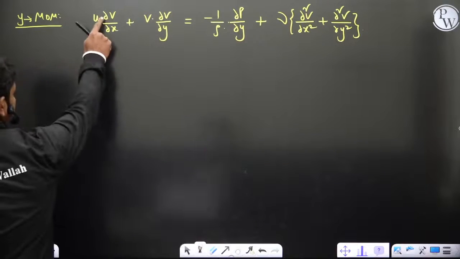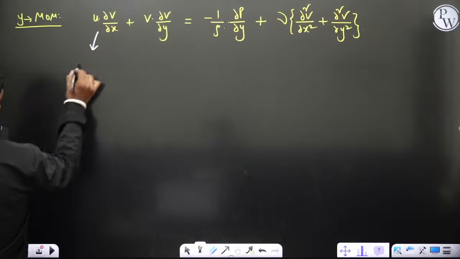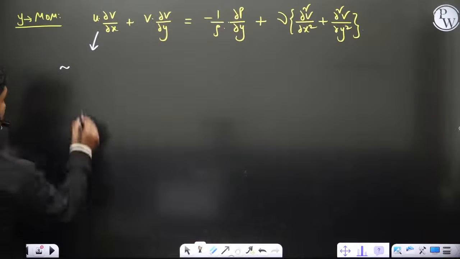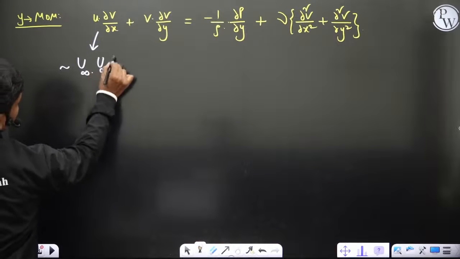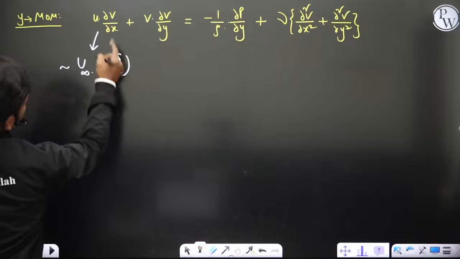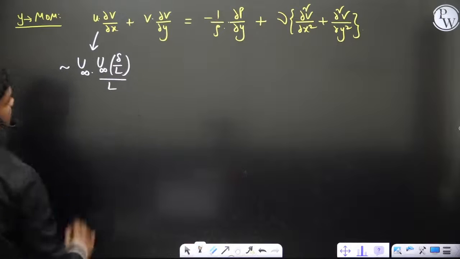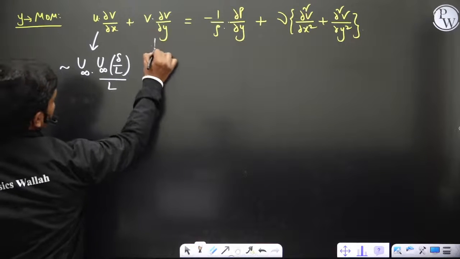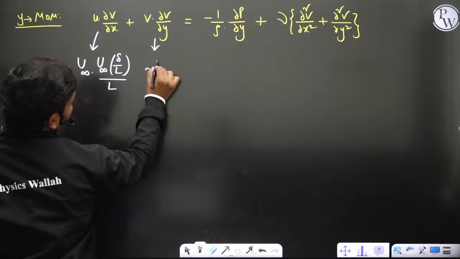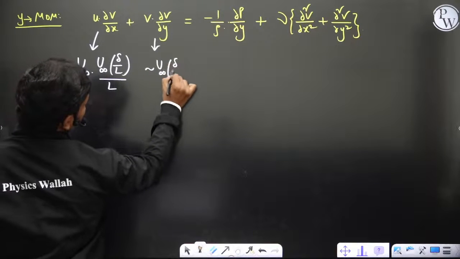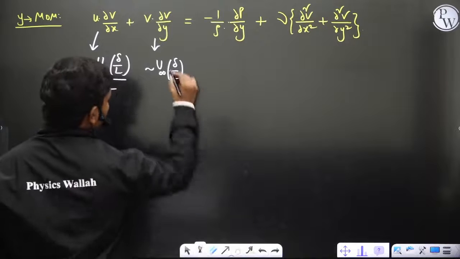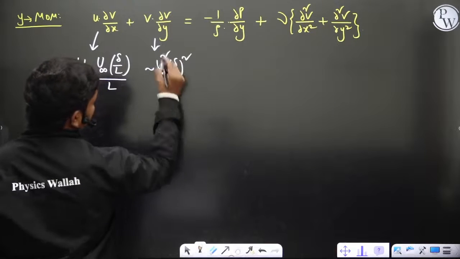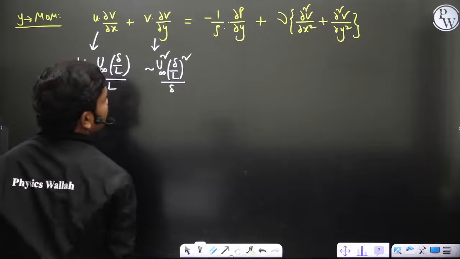Now, if you see the magnitudes, u will be of order u infinity, v will be of order u infinity delta by L, x will be of order L, correct? This term, if you scale, v will be of order u infinity delta by L. This change in velocity will again be of the order u infinity into delta by L, divided by y, so y you can scale to delta.